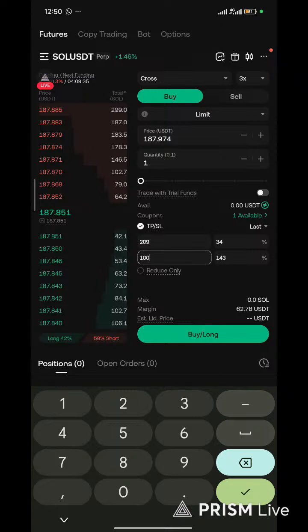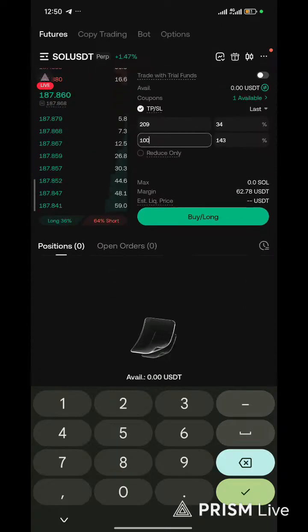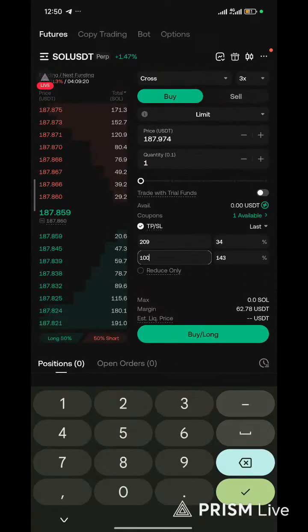My PNL is going to be 143%, and it's very, very big. So I'm very, very certain that this 209 here, which is my take profit, will be my gain. So that is how to set. And once I'm done, if there was money here, I'm going to click, since I've not found my wallet yet, I'm going to click buy.